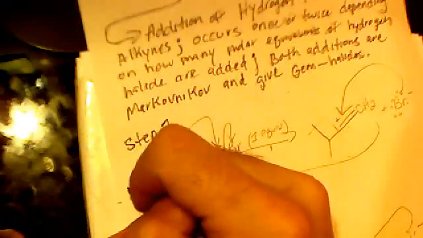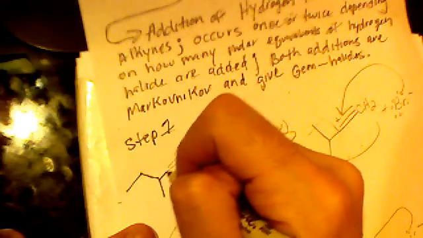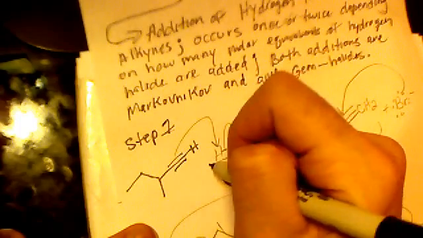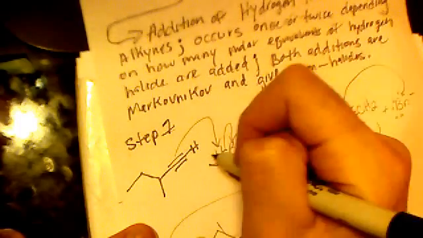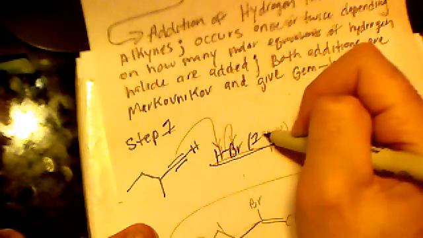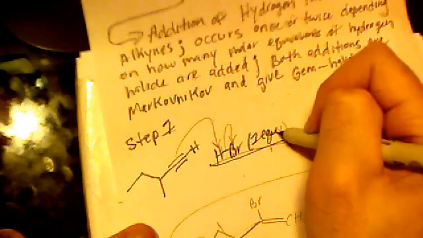Right? So this is step 1. Here's my original alkyne. This is a hydrogen at the end. So the first step, I treat it with hydrogen bromide, one equivalent.